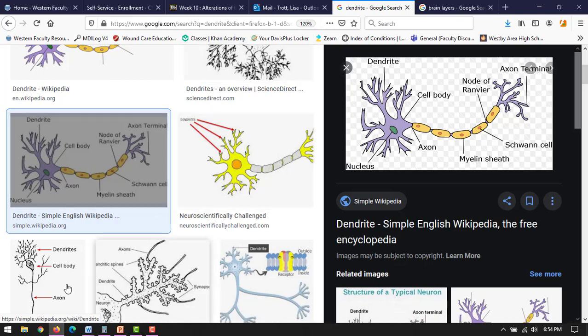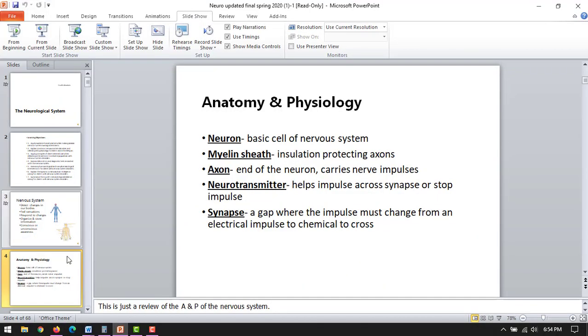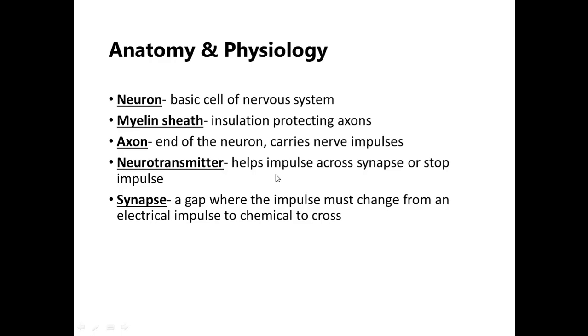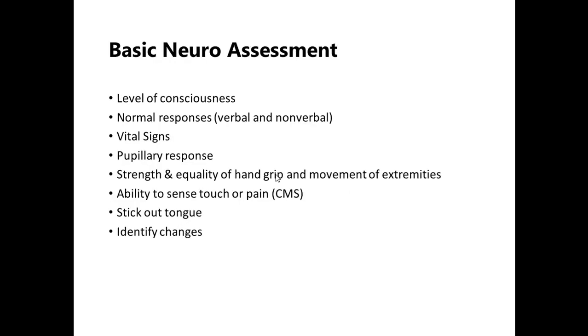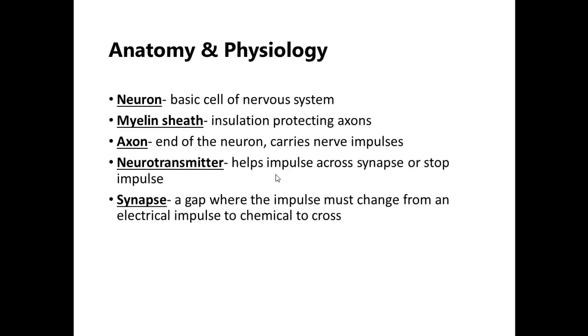So let's go back to our PowerPoint. I did have a slide that kind of goes with this one. I just want to go through a couple FYIs, a couple things so you guys understand the material a little bit better.